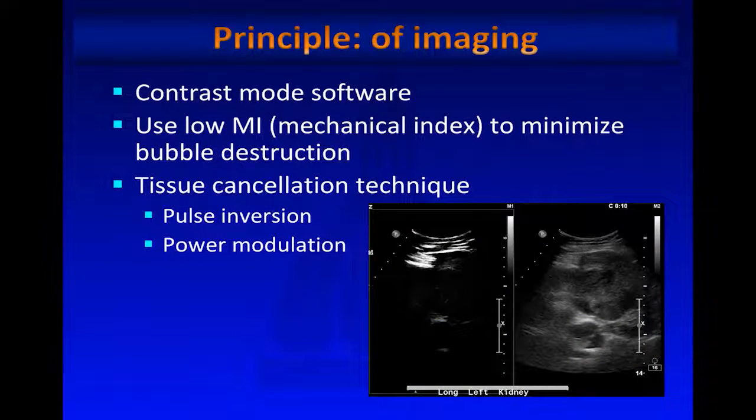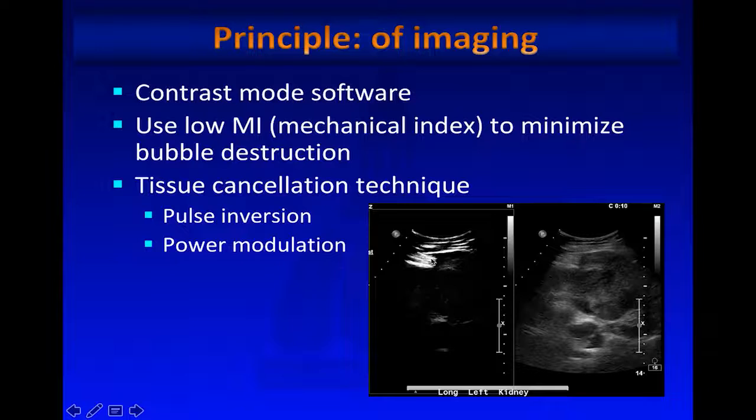And so essentially it is a subtraction technique. To be able to do contrast ultrasound, you need to have the contrast software on your machine. It uses a low mechanical index to minimize bubble destruction, and a tissue cancellation technique, either pulse inversion, as I talked about, or power modulation. When you start, there's always a dual screen with a grayscale image, and because of the low mechanical index, the grayscale image is a little bit degraded.